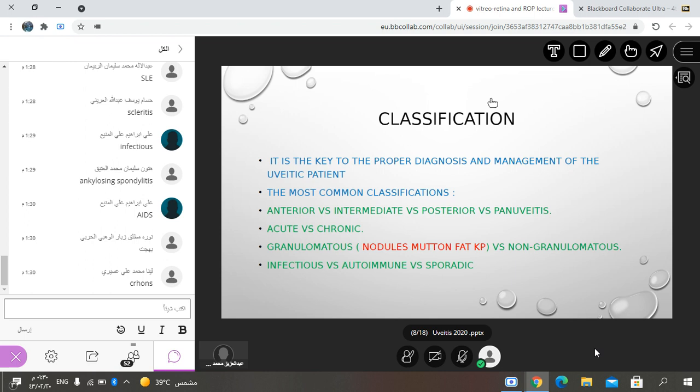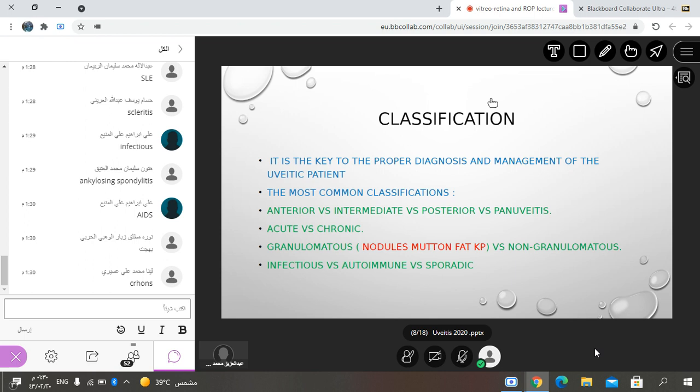It results in a bilateral panuveitis. It is a very severe condition, treated with immunomodulatory medication like infliximab and Humira monthly injections. It is a very severe rheumatological disease associated with uveitis.